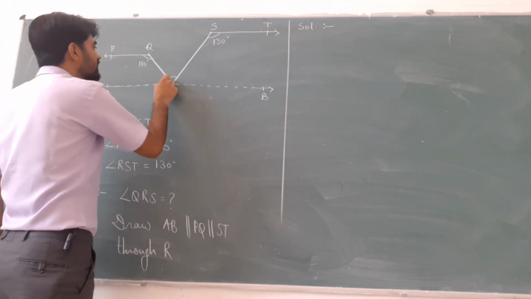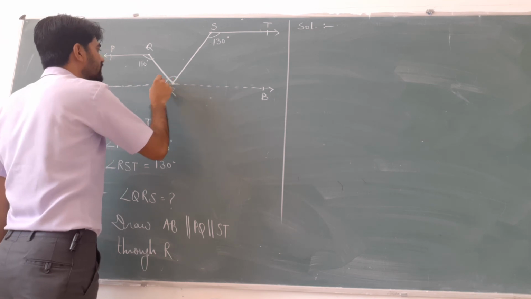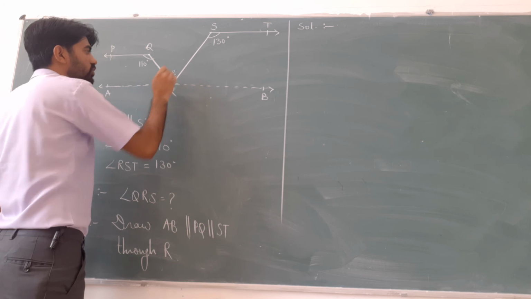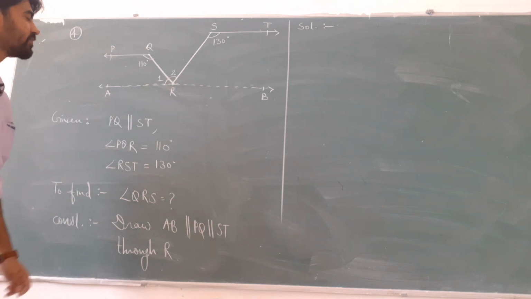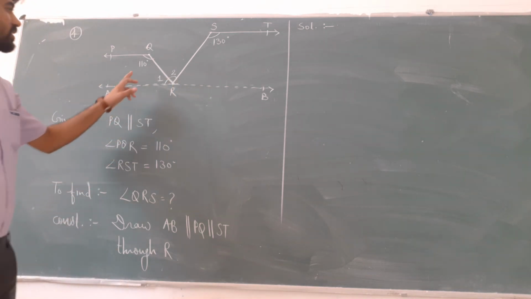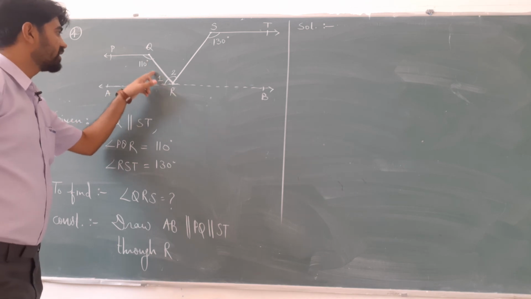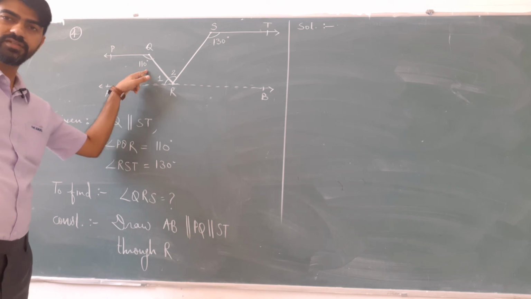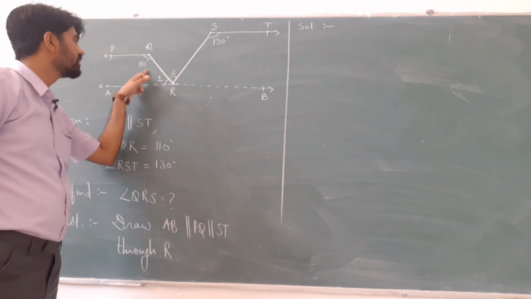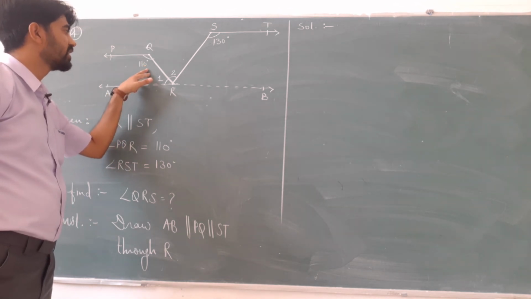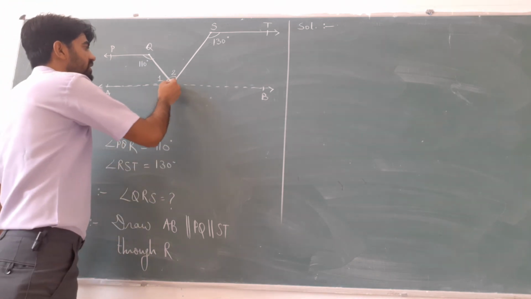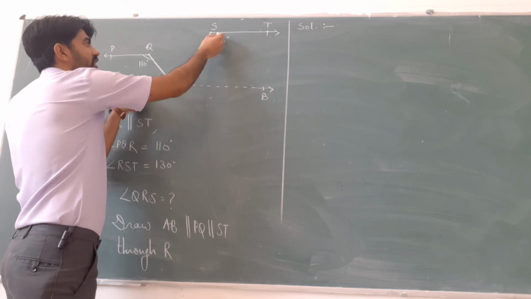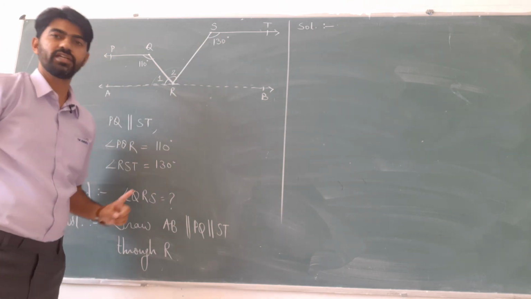Now I am naming these angles. This angle is 1, let it be, and this angle is 2. This angle 1 and 110, their sum must be 180 degree. They are supplementary because these are co-interior angles. Then this complete angle is equal to this angle, and then we can find the value of this angle too.